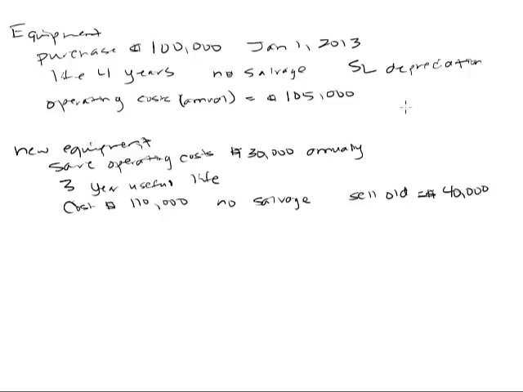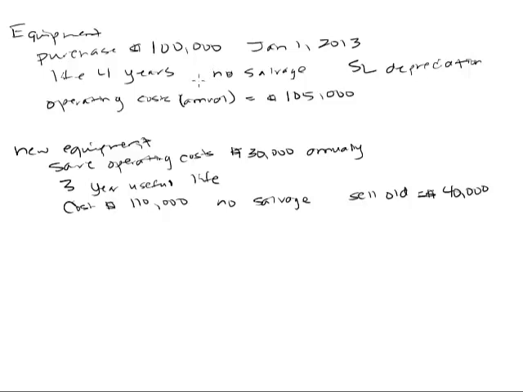We don't need to consider it. So we're not going to take into consideration book value. We'll take into consideration this $40,000, but not the book value, because we already paid the $100,000. It's gone. It's not coming back. So that is a sunk cost. Don't put it in your analysis.